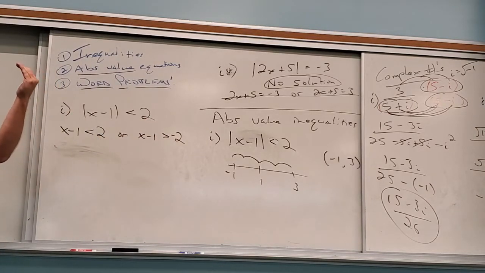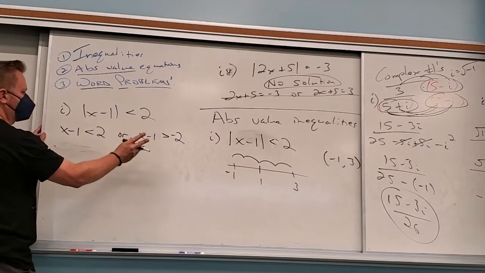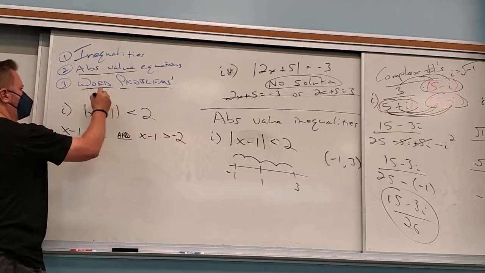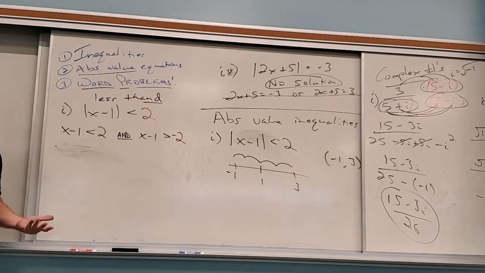That keeps it contained. So let's see if we get the same answer. I'm sorry, I don't know why I wrote "or". It's got to be "and." So a way to remember this is "less than" goes with "and." One of those goofy little ways to remember something.